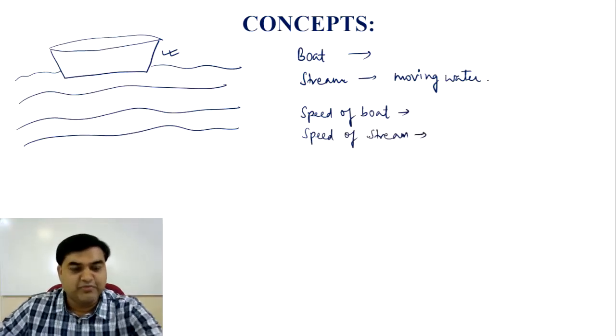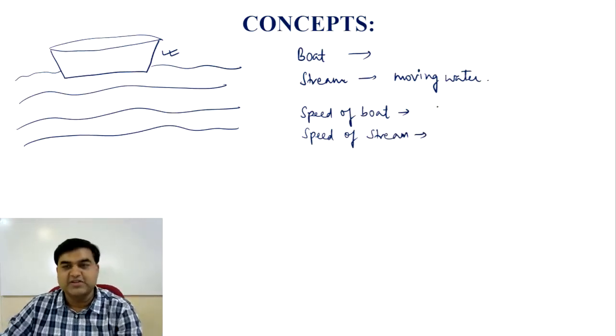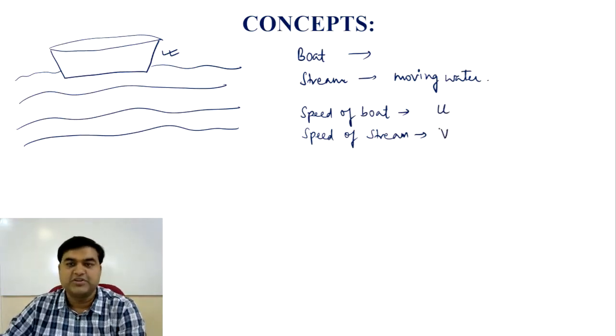Speed of boat should be considered as u and speed of stream as v. Let us suppose speed of boat is denoted as u, with unit kilometer per hour or meter per second. Similarly, speed of stream can be v kilometer per hour, or v meter per second. So any unit.